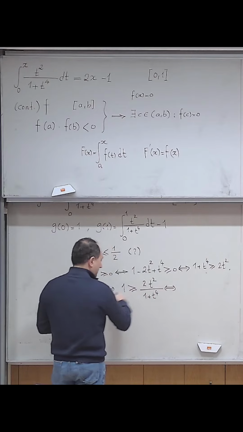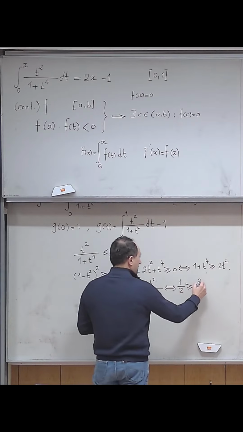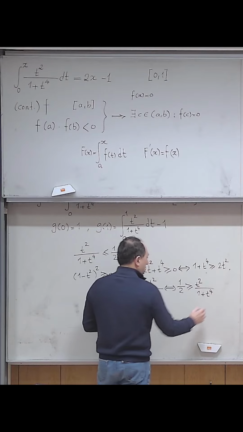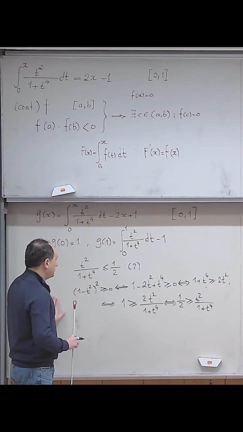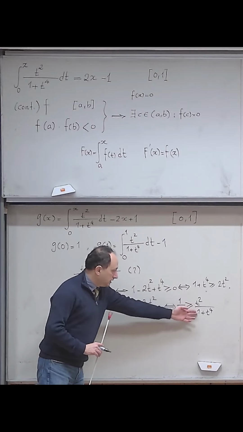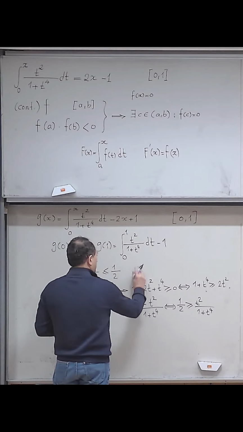And then I divide everything by 2. So 1/2 is greater than or equal to t squared divided by 1 plus t to the power of 4. Yes? Yes, that's correct, because 1/2 being greater than this means this one is less than that one, so this is now correct.